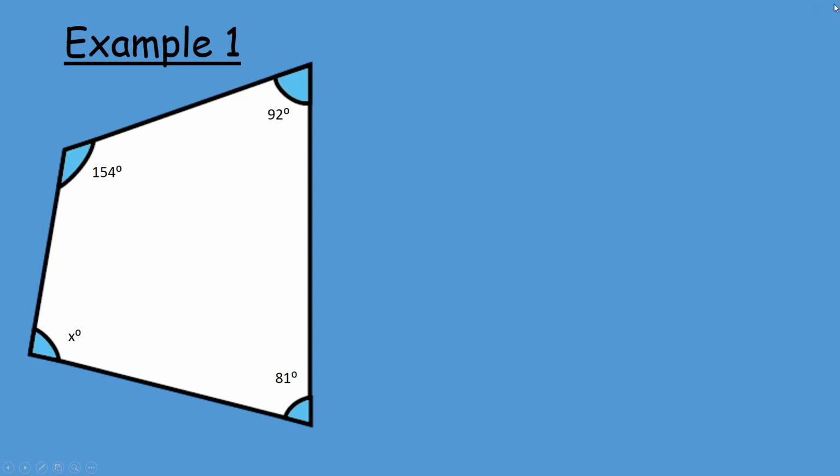Again, it's a column addition because we've got no calculator in these questions. So it's good practice for our column addition. So I've got 154, 92, and 81. So 2 plus 4 is 6, and 1 is 7.